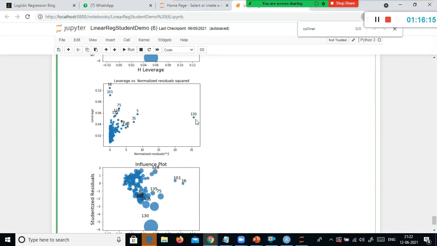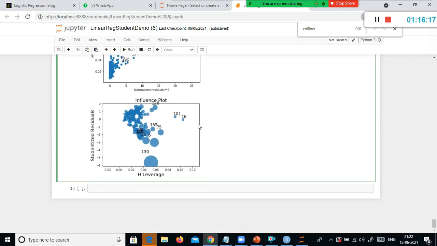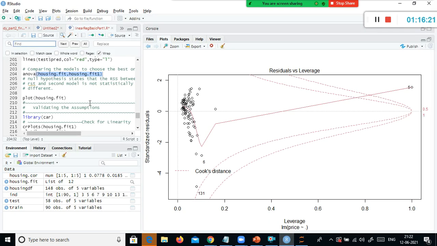So 130 is an influential observation, and 101, 116, something like that. These are the influential observations.